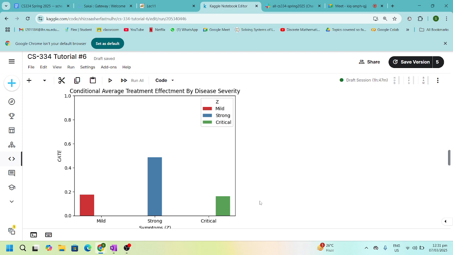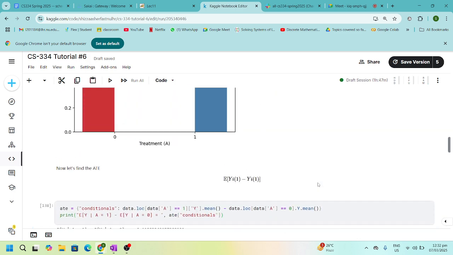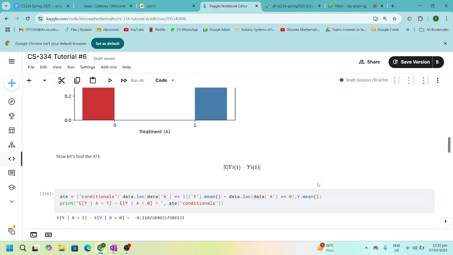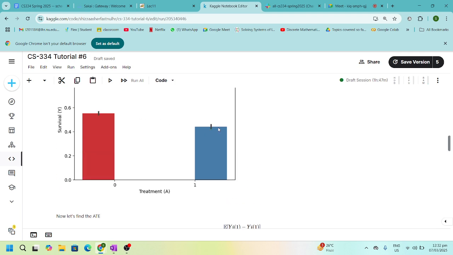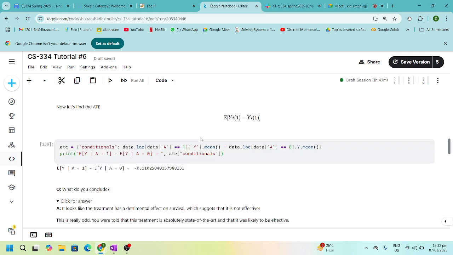Okay, anyway, there are two important things that we can observe from this. Firstly, all the values of conditional average treatment effect are positive. It means that across all three categories, the treatment has had a good impact on the outcome. The treatment has been effective, even though when we did this above, ignoring all three values, we found that, see, the bar in blue is shorter than the bar in red.